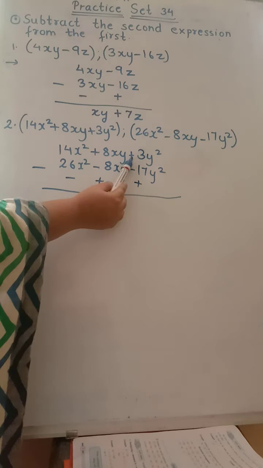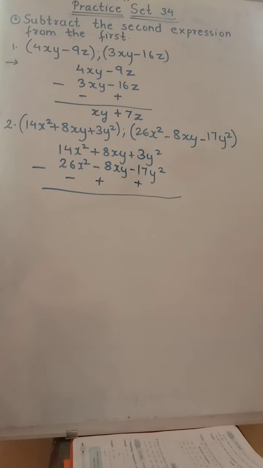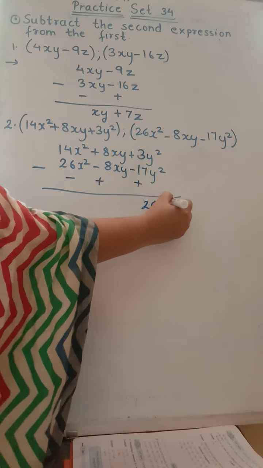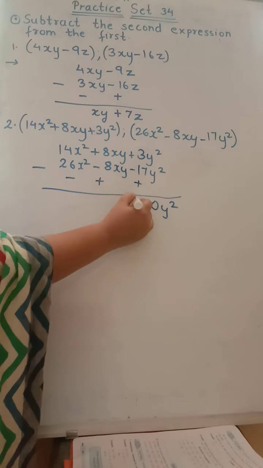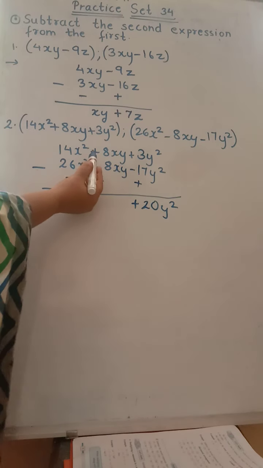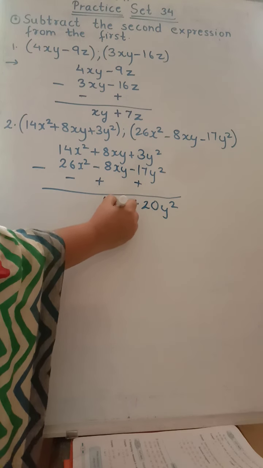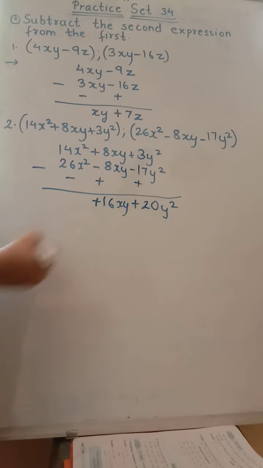Now plus plus plus, 17 plus 3, 20y square. The common sign is plus, so plus. Plus plus plus, 8 plus 8, 16xy, the common sign is plus. Plus minus will give us minus.